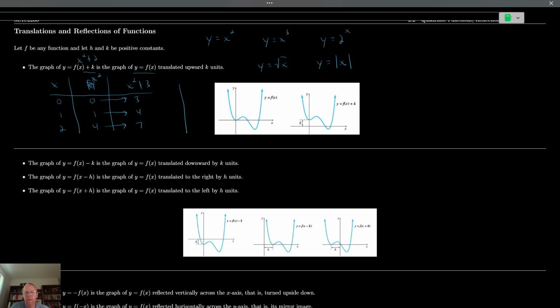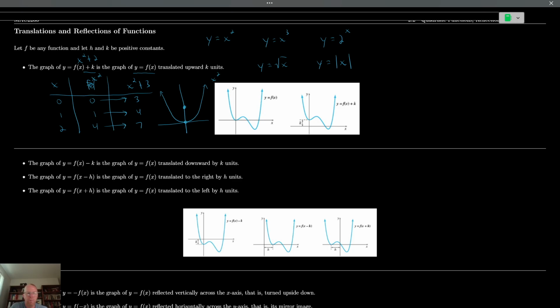Now let's plot these ordered pairs and see what happens. We plot 0, 0. We know what the graph of y equals x squared looks like, so there's our x squared. Now for x squared plus 3, instead of 0, 0 we have the ordered pair 0, 3.